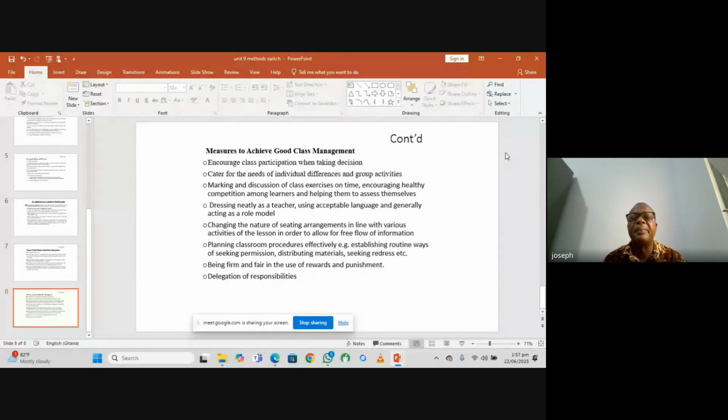You can separate them, give the talented difficult tasks and the low achievers simple tasks, depending on what you want to achieve. They are all in the same class. It is your duty to cater for all of them. That's why I said we should know our learners. If you know them, you know how to handle them, especially when grouping them, whether you want ability groups or a mixture of two or three or whatever group you have identified.